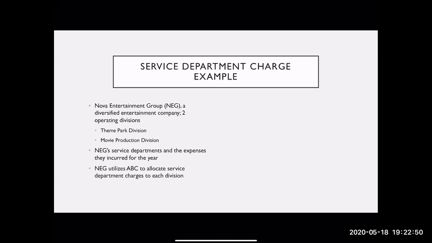All right, so we have Nova Entertainment Group, also known as NEG, a diversified entertainment company. They have two operating divisions, a theme park division and a movie production division. This sounds very, very similar to a company we may know of, right? So what company is that? Think about it. They're a diversified entertainment company, two operating divisions, the theme park and the movie production division. It sounds a lot like Disney, right?